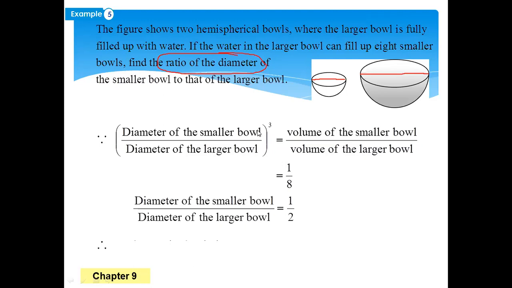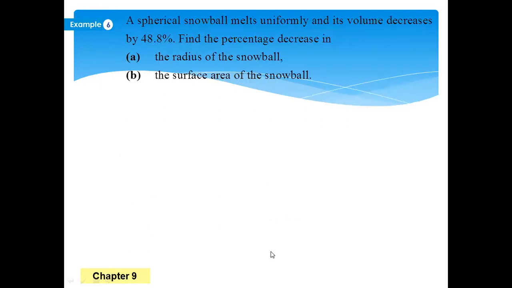And take the cube root because 2 times 2 times 2 is equal to 8. So take the cube root is 1/2. And hence the ratio of diameter is 1:2. Okay, the next question.